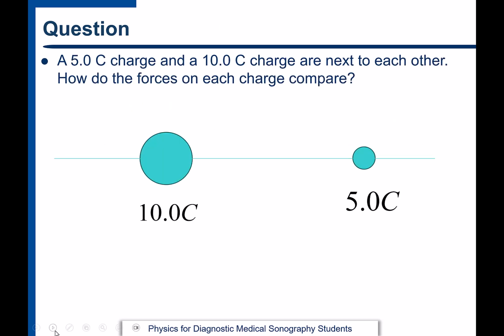Let's take a look at this question. A 5 Coulomb charge and a 10 Coulomb charge are next to each other. How do the forces on each charge compare? Well, let's think about what we know so far. We know that like charges repel and opposite charges attract. So since these are both positive, we can see that they will repel.